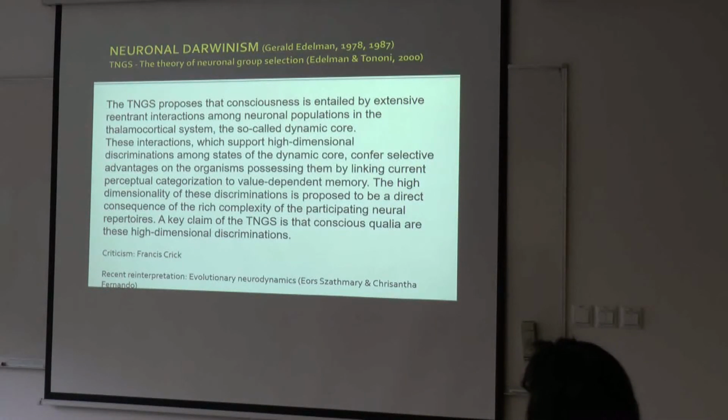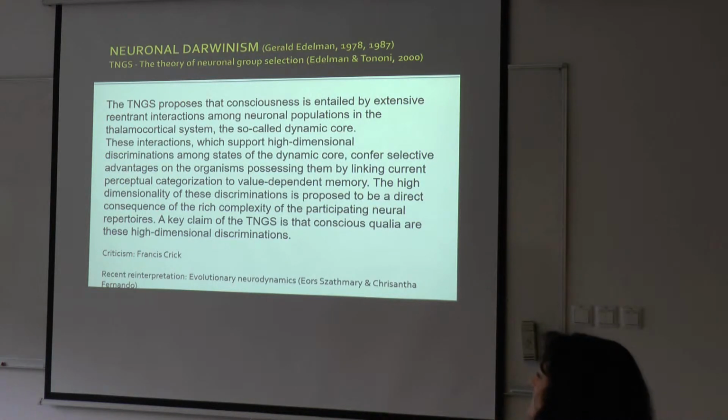Neuronal Darwinism, Edelman. The theory of neuronal group selection. Edelman's neuronal Darwinism was developed rather recently by Tononi and Edelman. This theory proposes that consciousness is entailed by extensive reentrant interactions among neuronal populations in the thalamocortical system, the so-called dynamic core. The key claim is that conscious qualia are these high-dimensional discriminations.